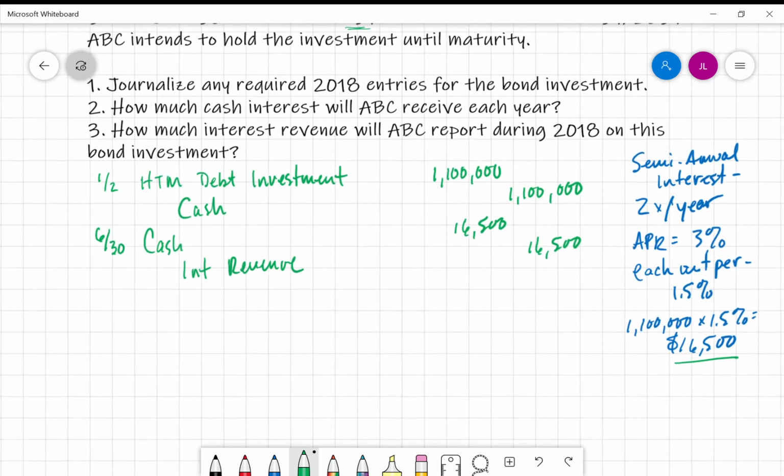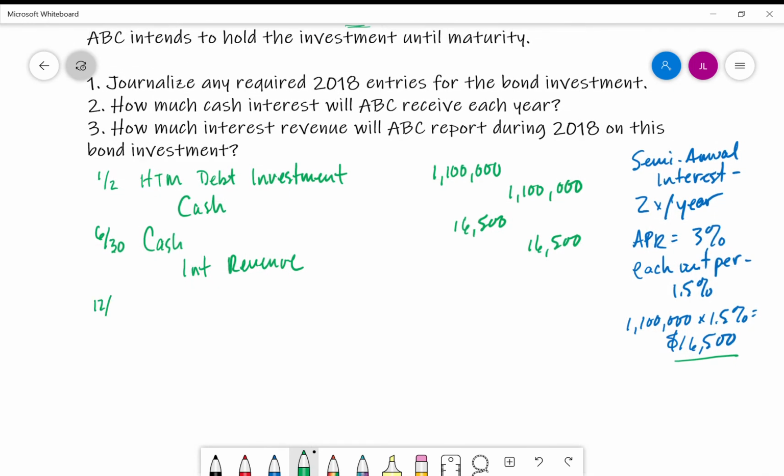So on 12/31, again, we'll receive cash in the amount of $16,500 and interest revenue, again, in the amount of $16,500. So that's number one.